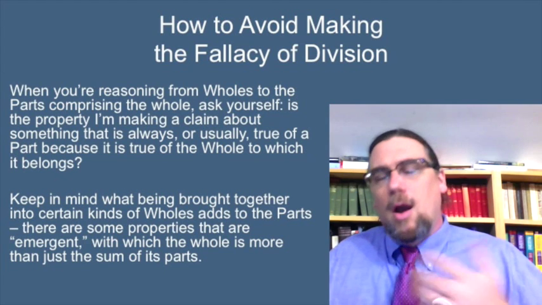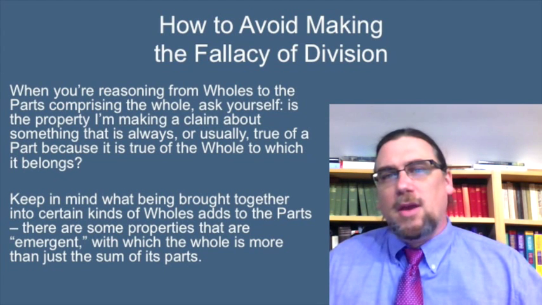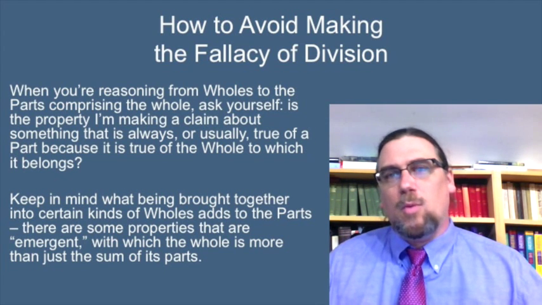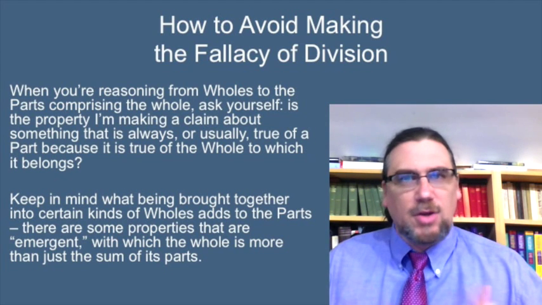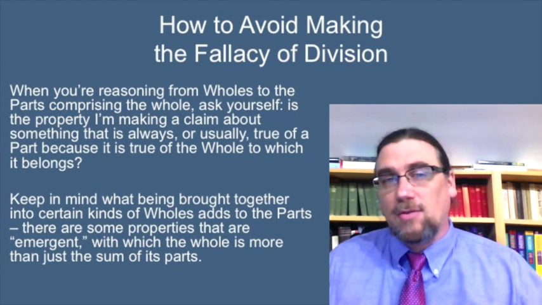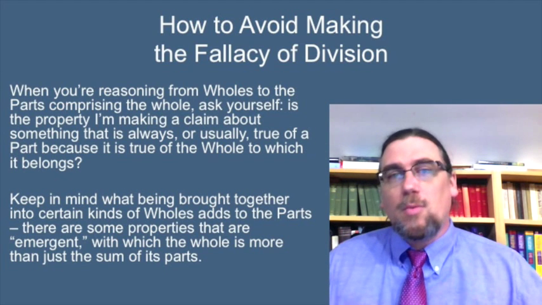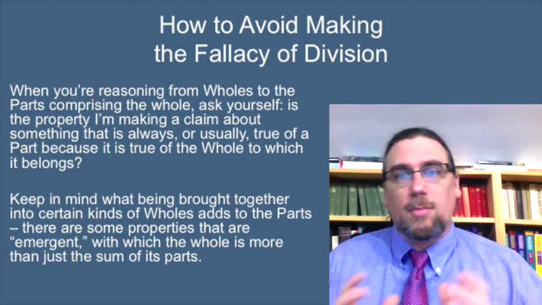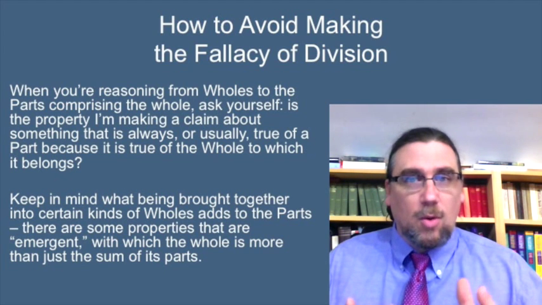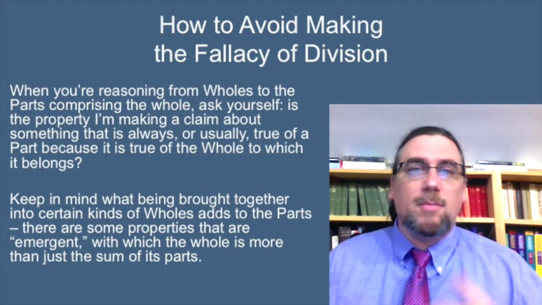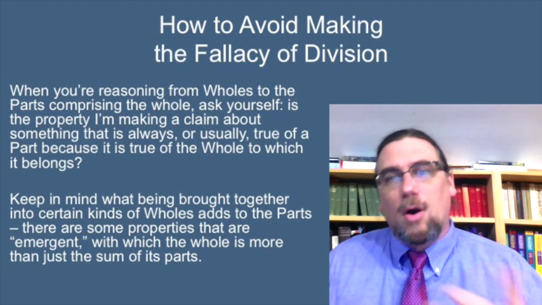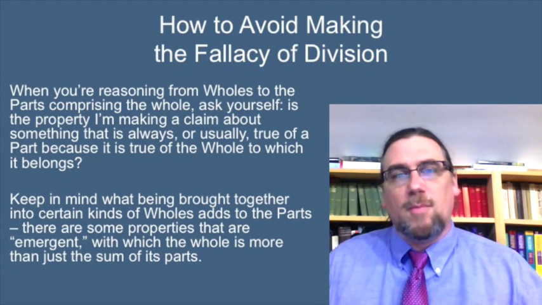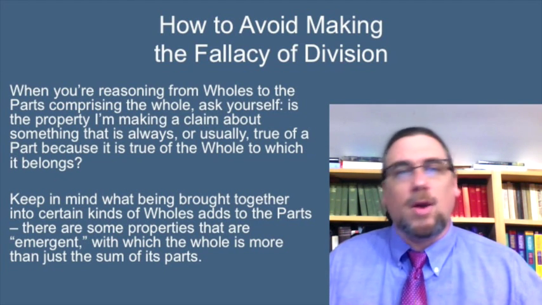Now, how do you avoid falling into the fallacy of division when you're engaging in your own reasoning, your own argument creation, when you're making a case to other people? When you're reasoning from wholes to the parts comprising that whole, ask yourself, is the property that I'm making a claim about something that's always or usually true of a part because it's true of the whole to which it belongs? That's an important criterion.